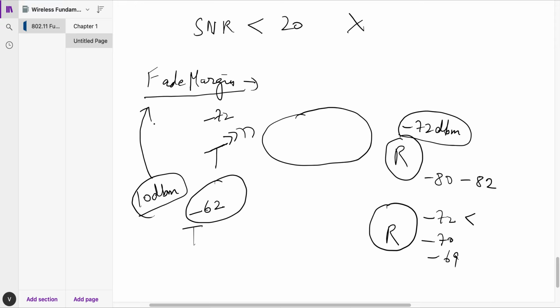I'm keeping a cushion so that my receiver is able to comprehend well. So, guys, receive sensitivity is at the receiver, fade margin is kept at the transmitter. This whole thing is to make sure that my receiver is able to make sense out of whatever is coming from my transmitter, right?